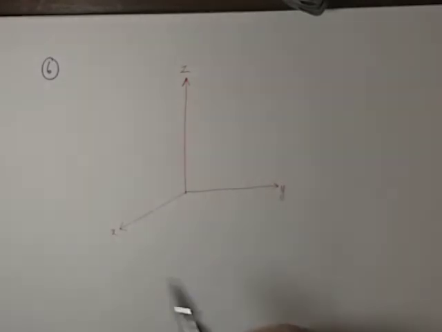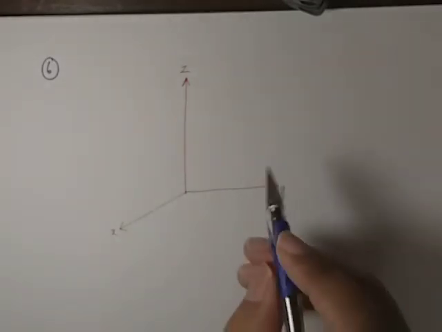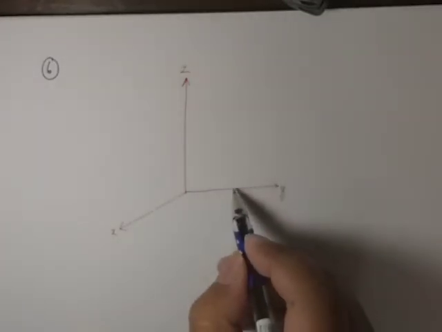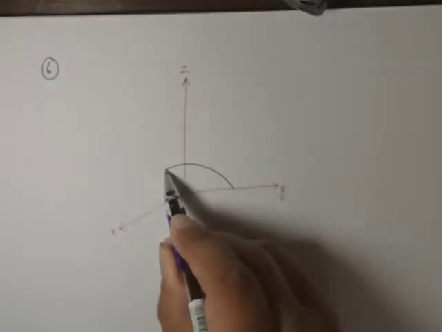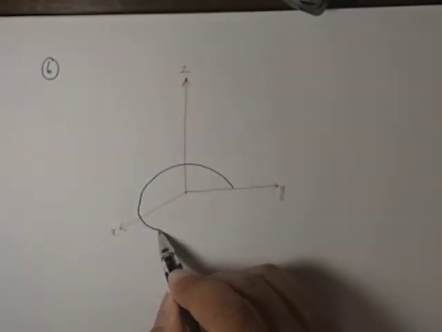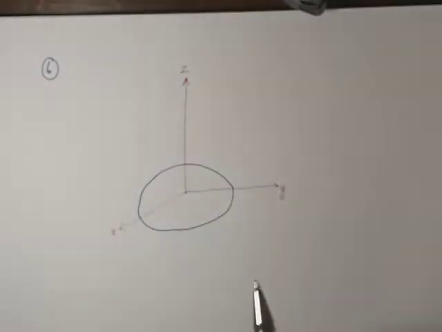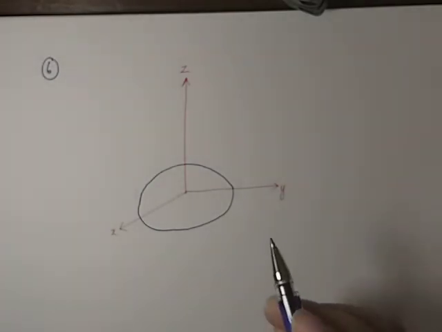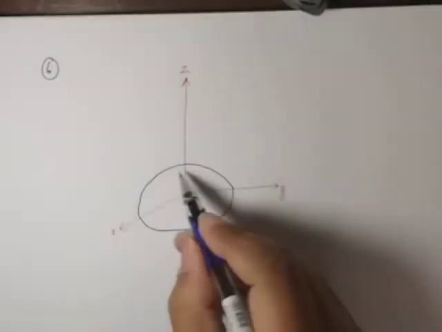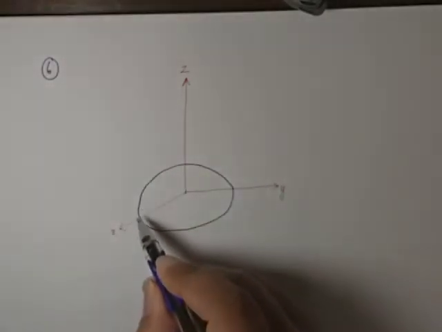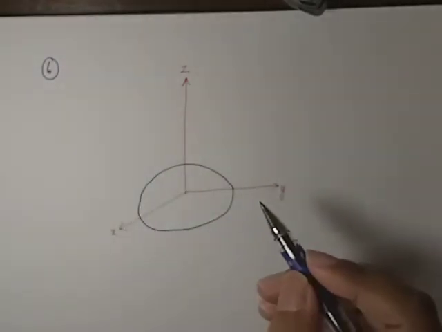So to make this mathematics a bit easier, I'm going to assume the ring is actually residing on the xy plane, and the axis of the ring is along the z-axis. It's not mentioned by the question.